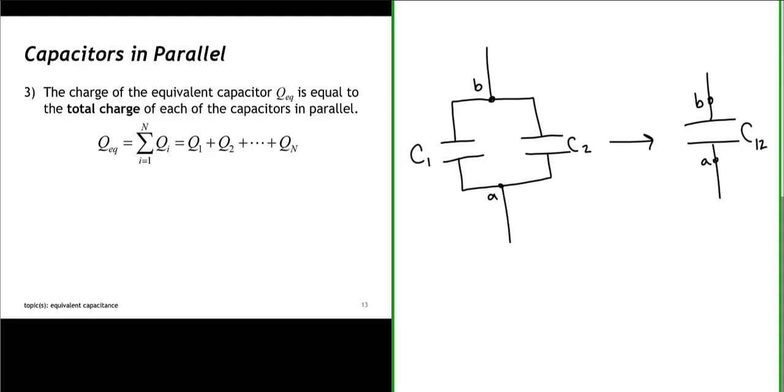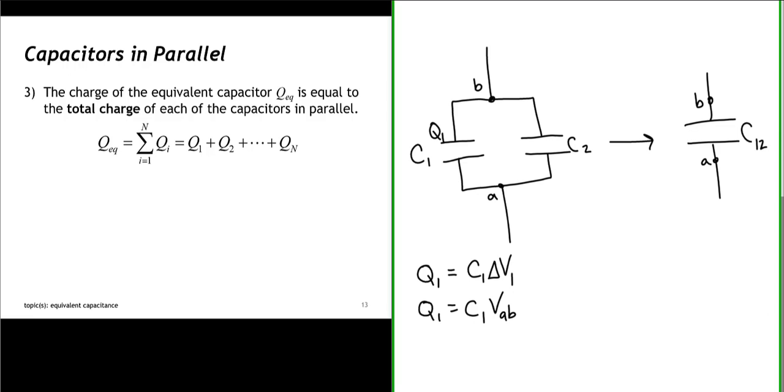If we look at capacitor 1, it's going to accumulate a total amount of charge Q1. We can determine how much charge it accumulates from Q equals C times delta V, which tells us that the charge on capacitor 1 is equal to the product of the capacitance of capacitor 1 times the potential difference across capacitor 1. This is just equal to the capacitance of capacitor 1 times the potential difference from A to B for this example.